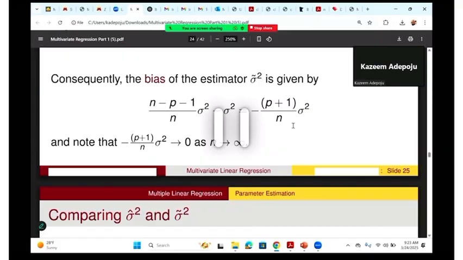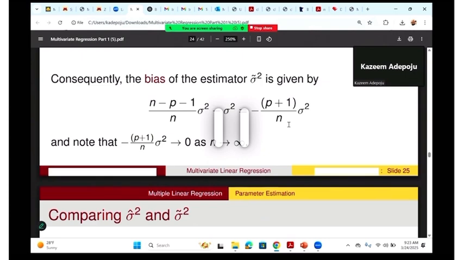If sample size is large, the whole bias converges to 0. That is one of the properties of maximum likelihood, which we call the asymptotic property.